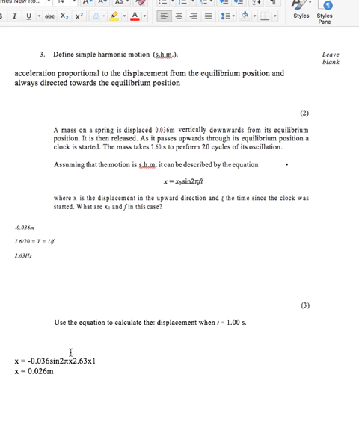Now, one thing to remember here, you're taking the sine of an angle in radians, so make sure your calculator is in radians. And remember that minus sign there, because that will mean that x ends up being positive.